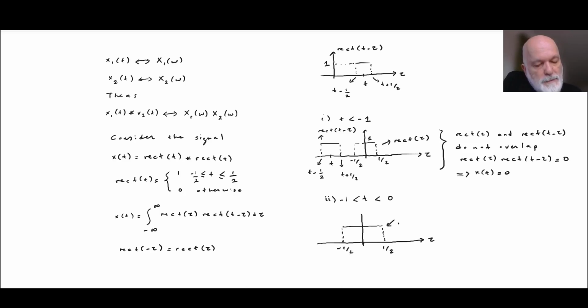So this is rect of tau, and this point here is t.